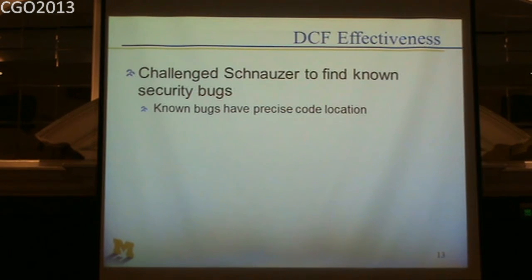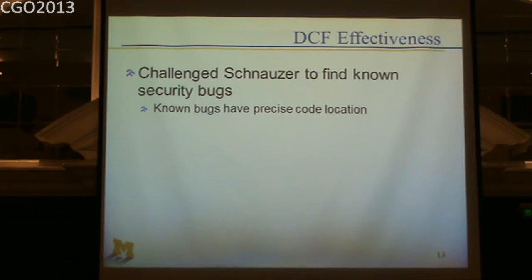Now, for the most important part: even though at this point we had not yet piped dynamic control frontier analysis into automated test, we nevertheless challenged our profiling technique to find the path locations of known security bugs. The advantage of utilizing known security bugs is that we can know the precise code location of the bugs.